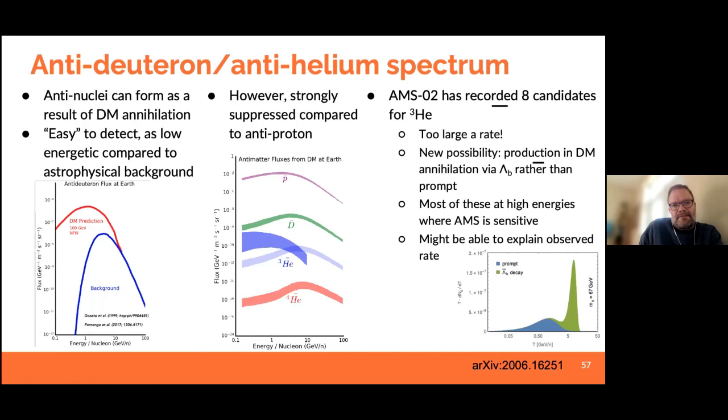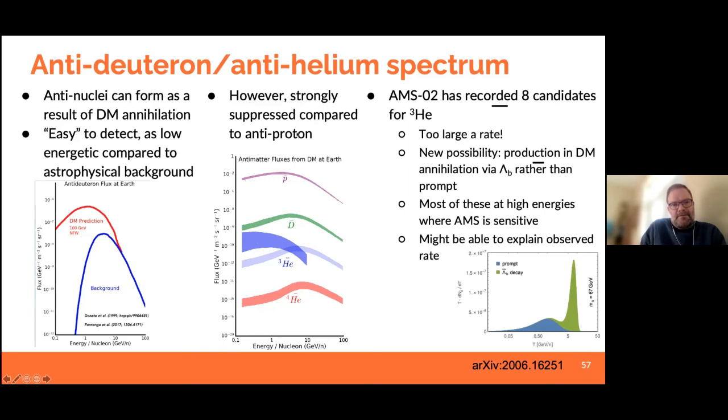In principle, they are really good signals, because unlike for positrons and antiprotons, you would really expect them to show up as a big bump over your background spectrum rather than just a small percentage-like modification, because they're typically more at the lower energy end from dark matter annihilation, whereas you only get these anti-nuclei in your astrophysical background when they have rather large energies.